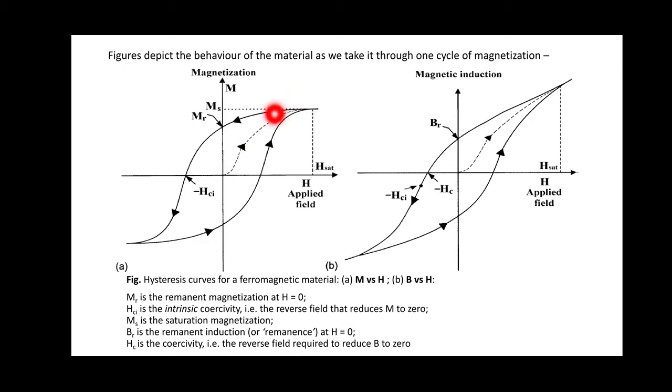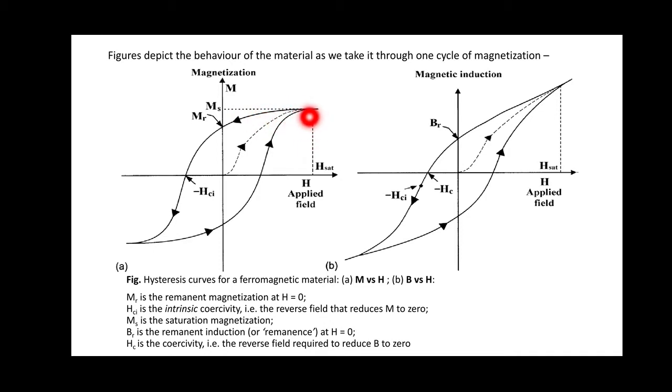When we decrease the value of H, the magnetization remains behind H. Now in this curve there is a saturation point, after which if we increase the applied H, the magnetization does not increase. This is the saturation magnetization.